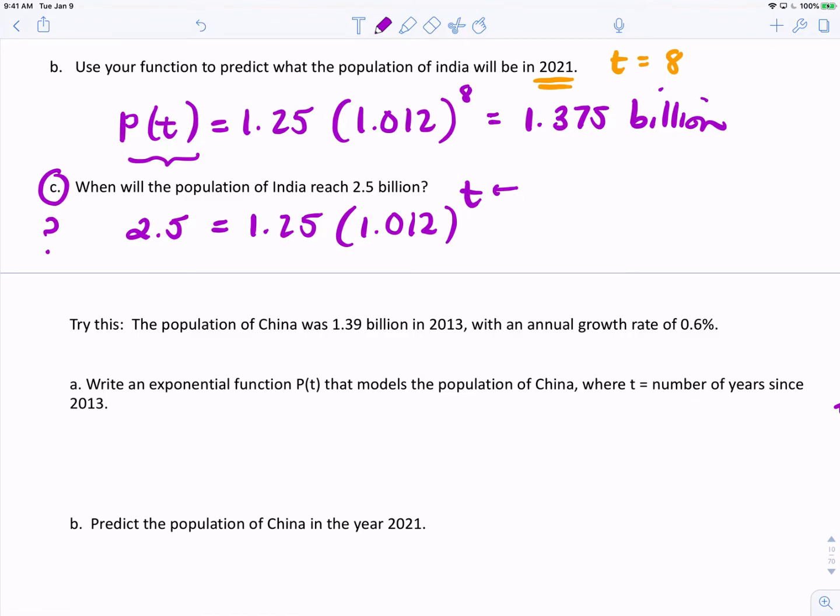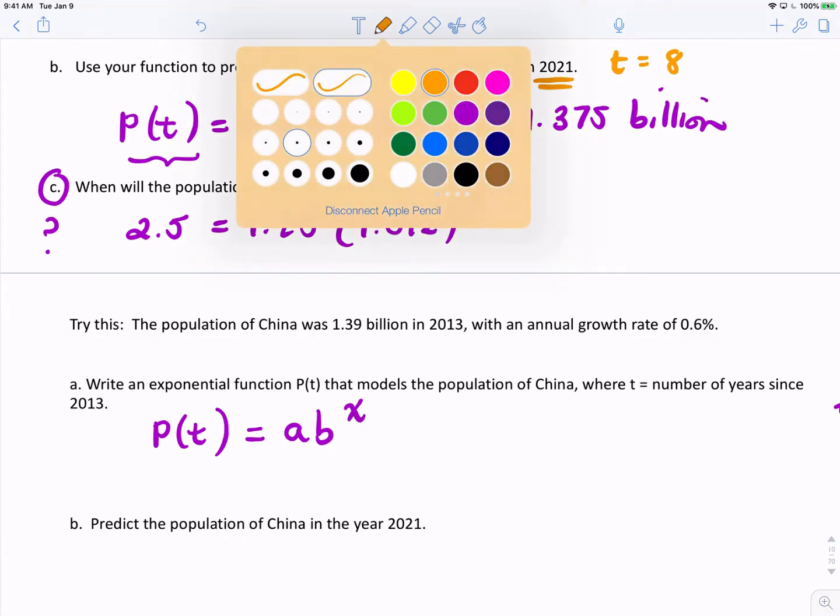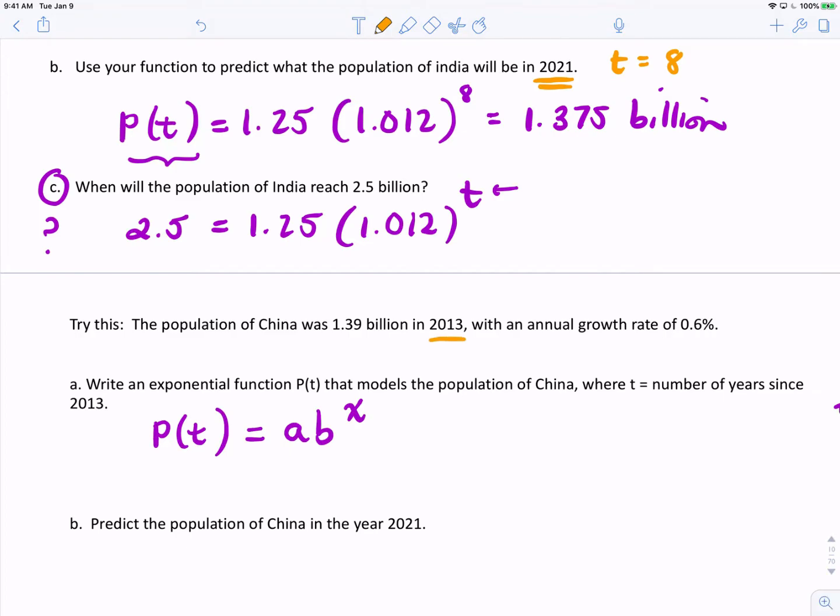So an exponential function, p of t, is equal to a b to the x. A is our initial value. So we were told a starting point of 2013 and an amount of 1.39 billion. So 1.39 billion is our initial amount, and we're going to use that for the variable a.